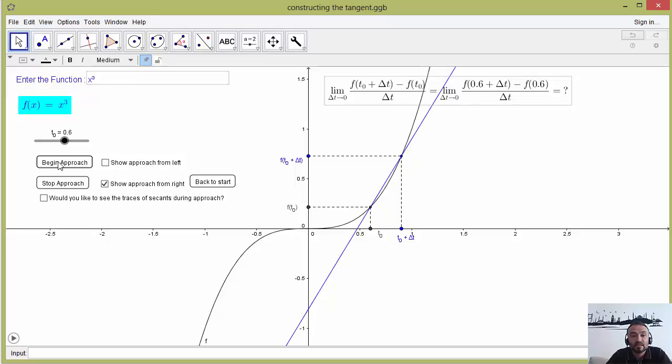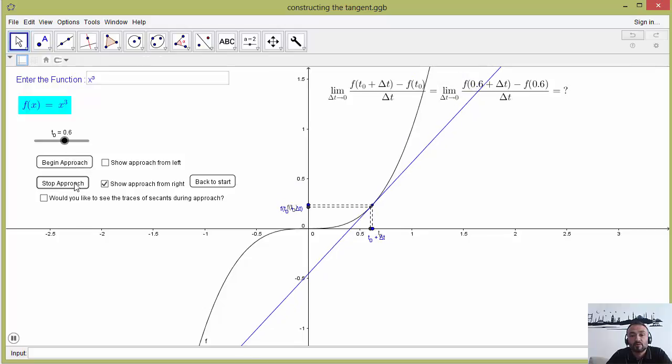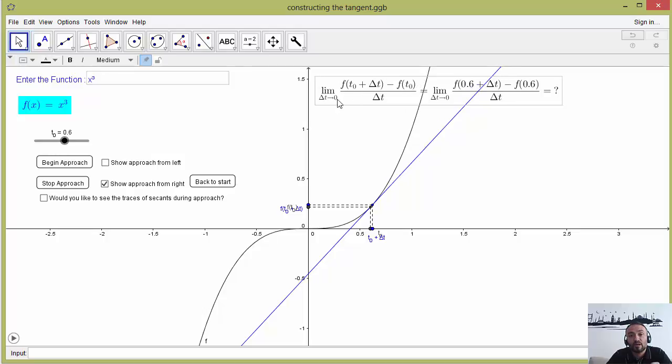This is the secant, and delta t is approaching 0. I begin the approach, and as defined in this limit, while delta t is approaching 0, our secant, which is defined by this rational expression, changes into a tangent at t0, and the slope of this tangent will define our instantaneous speed.